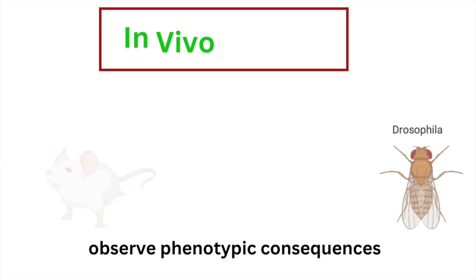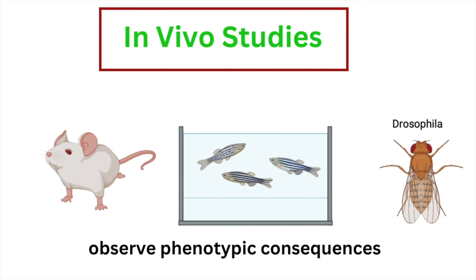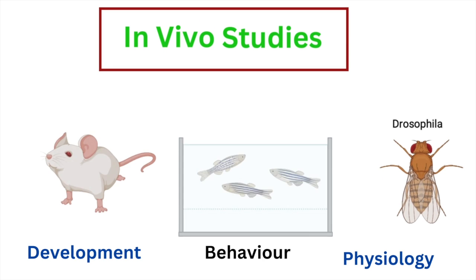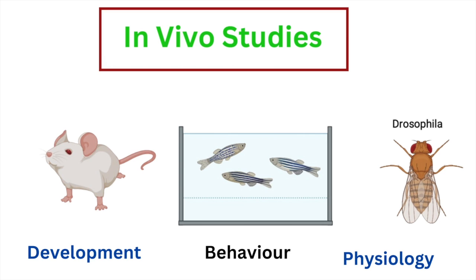Once these animals carry the mutation, you can observe any phenotypic consequences, so how they look structurally, morphologically. If there are any differences, you will be able to observe it once you express these genes in the animals. Observing these phenotypic consequences in the models provides insights into the mutation's impact on organismal development, physiology, and behavior.